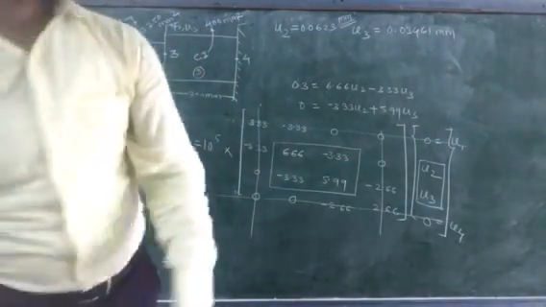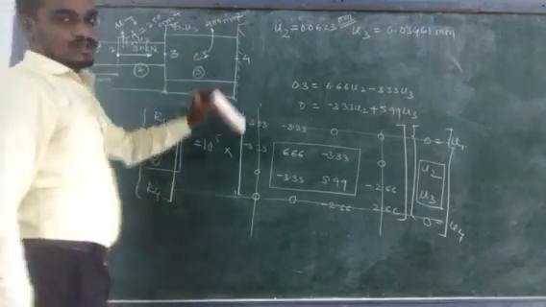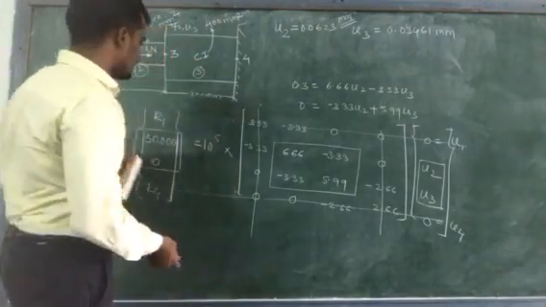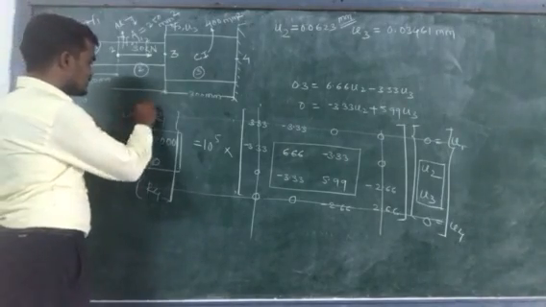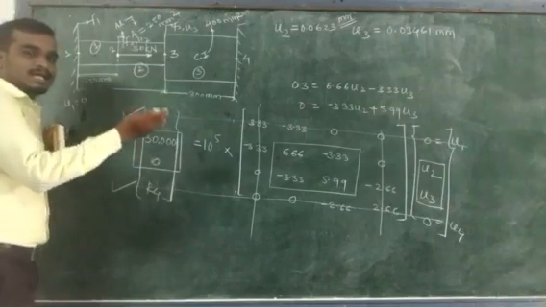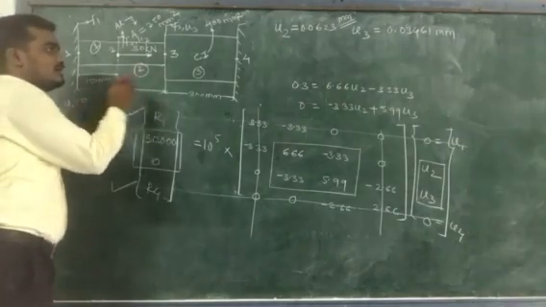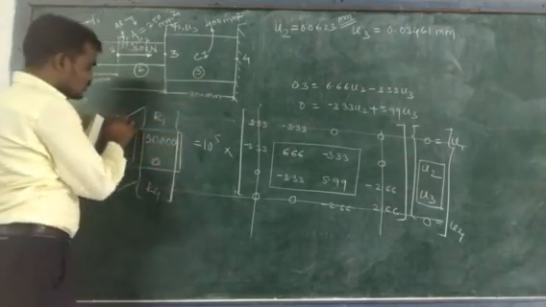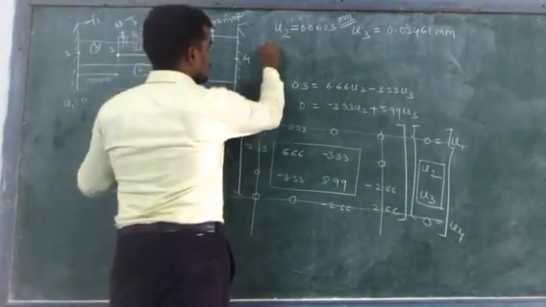Now next is what? This is your first question. The second question was to find out the reactions. To find out the reactions, by using the first equation and the fourth equation, you will get the reactions at the left support as well as at the right side. So use this equation for R1.